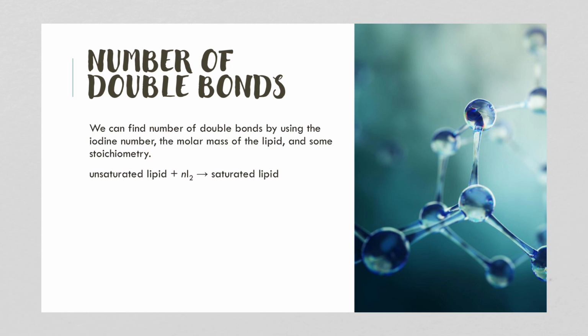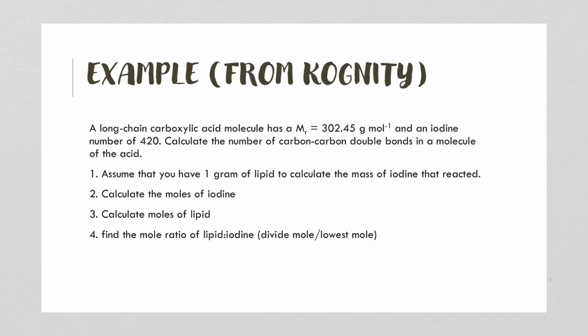There are a few steps for this one. Here's an example, and then we'll work through it. A long chain carboxylic acid has a molar mass of 302.45 grams per mole and an iodine number of 420. We want to calculate the number of carbon-carbon double bonds in a molecule of the acid.